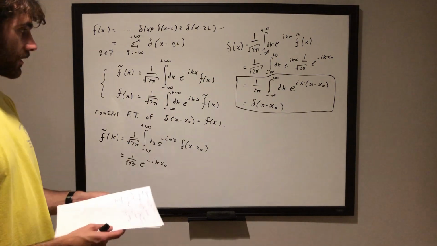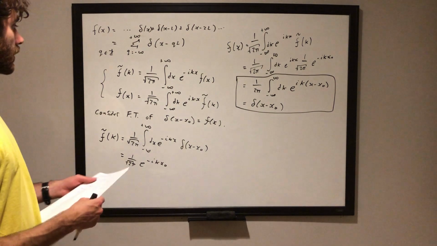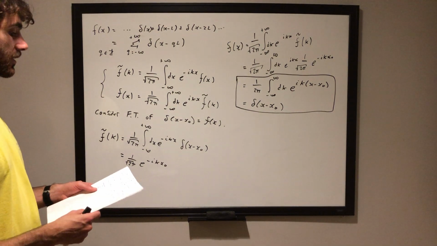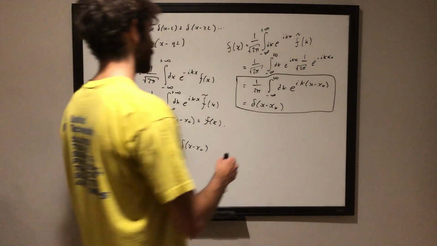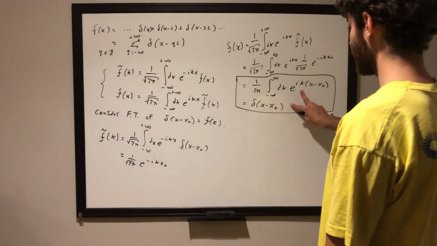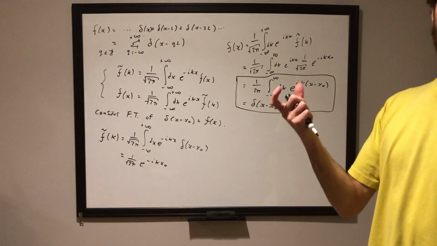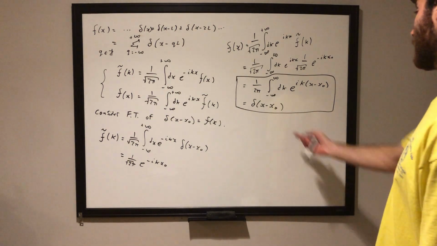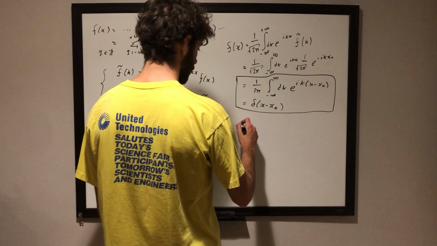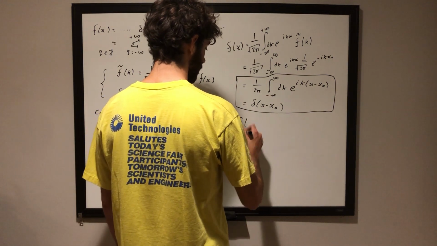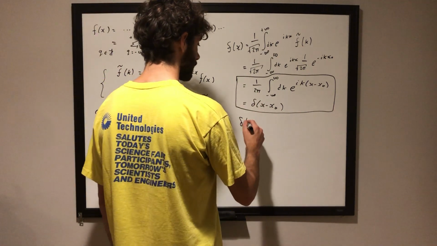Okay, so the last thing I just want to do is make an analogy with something we saw a little bit earlier, which was the Kronecker delta. To do that, let me start by rewriting this formula here, but just exchange the variables x and k. Right now x and k are just symbols, so I'm free to rename them. I'm doing this so that the connection to the Kronecker delta is as clear as possible.